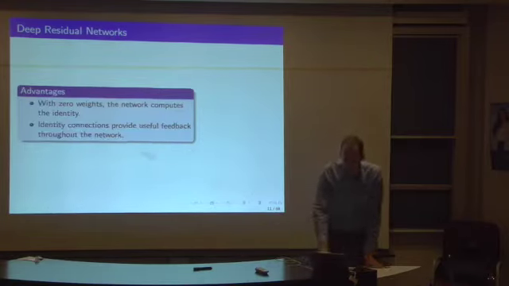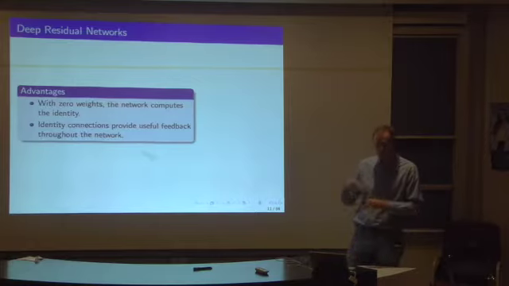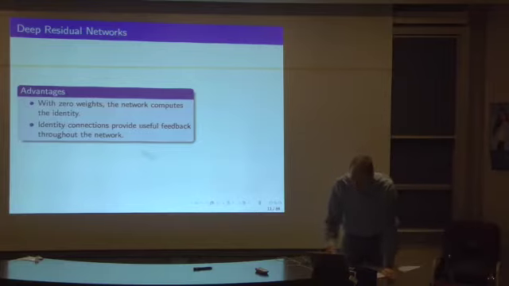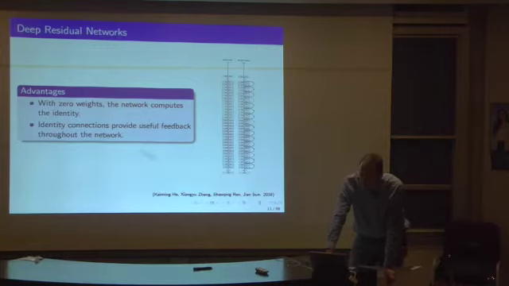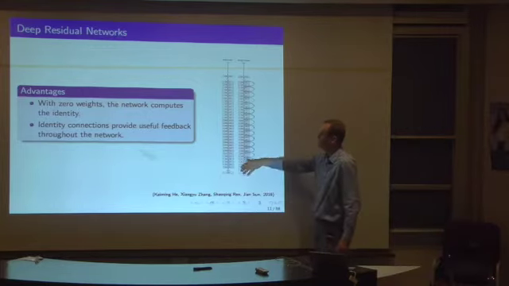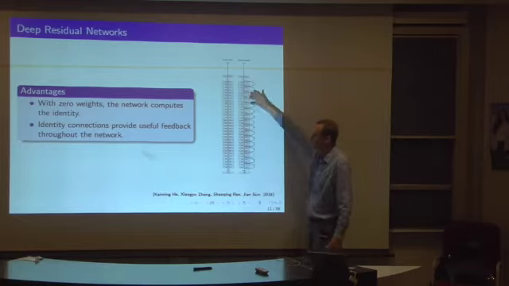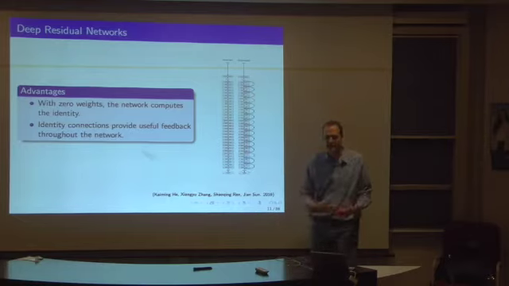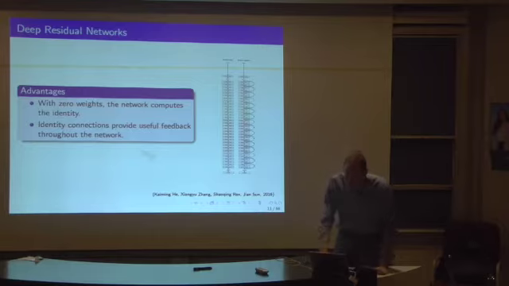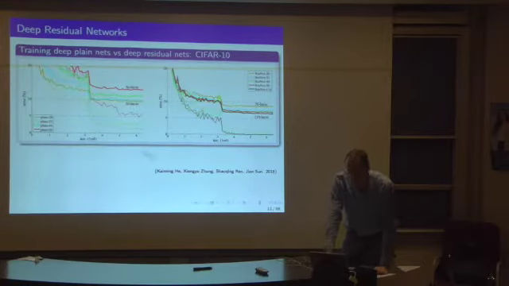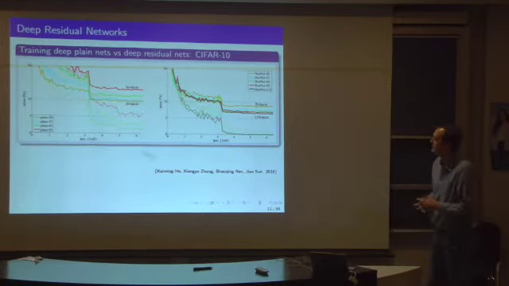We can think of that identity component of the mapping as providing useful feedback all throughout the network. If the parameters are near 0, then the effect of a parameter early in the network on the loss that's seen at the output of the network is something that you can easily evaluate. Things are well conditioned.